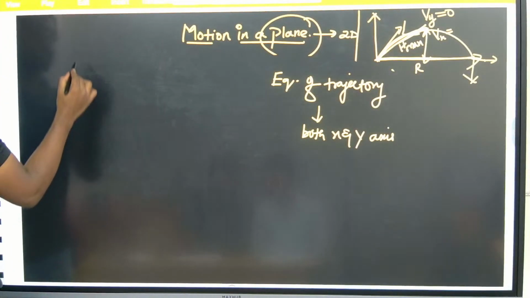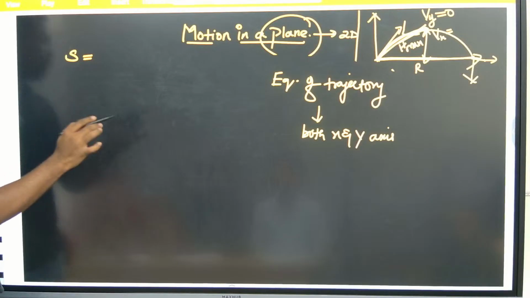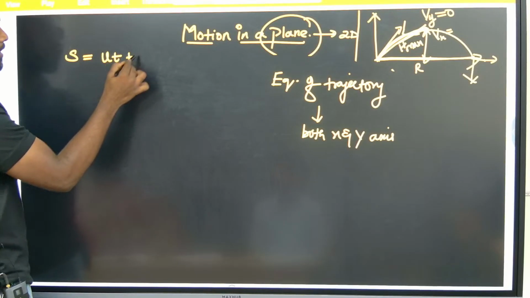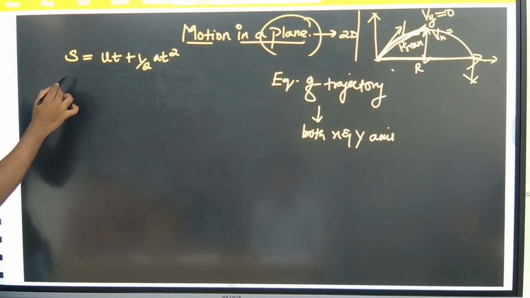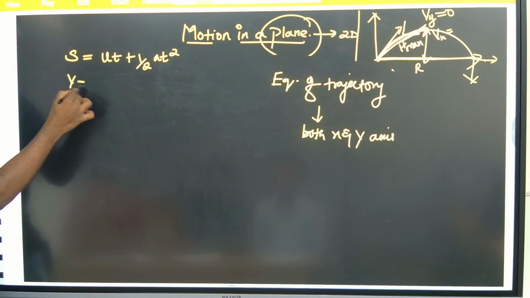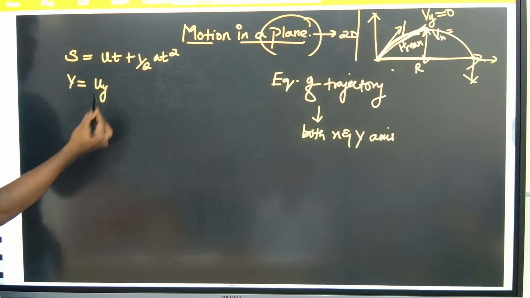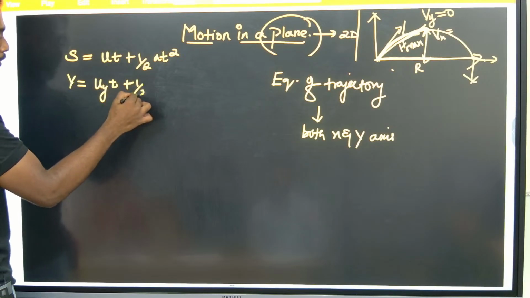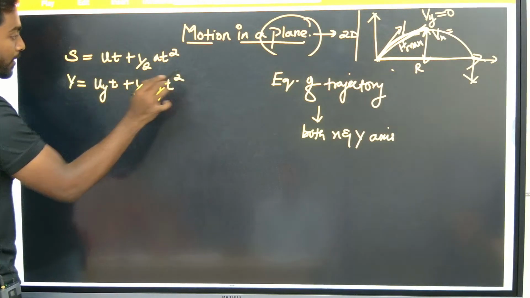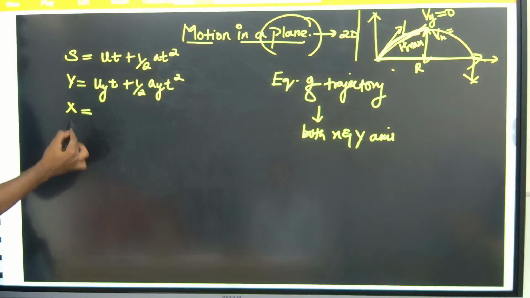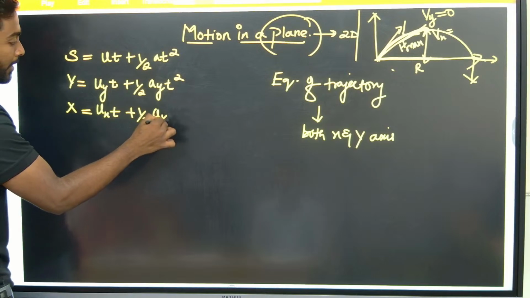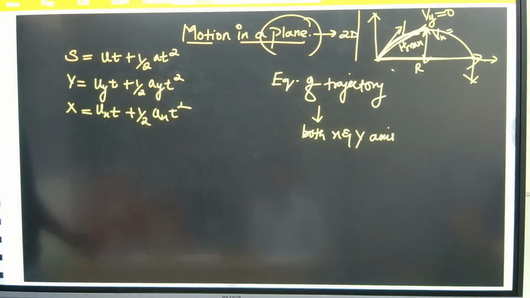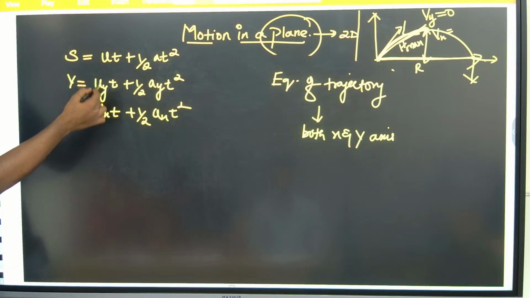See, now the same as what I have told, s is equals to ut plus half at square. Now what will happen here? y will be equals to uy t plus half ay t square. Similarly x will be equals to ux t plus half ax t square. Now we will substitute the values whatever we know. So uy we know, ux we know.